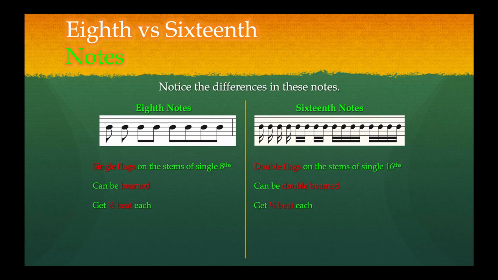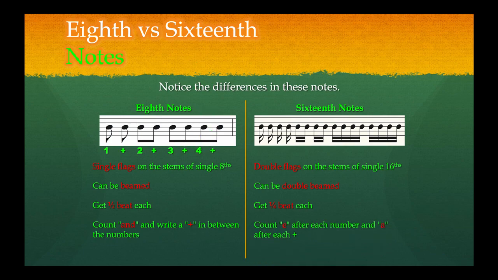8th notes get 1/2 beat each of sound. 16th notes get 1/4 of a beat each of sound. When counting 8th notes, we count and write a plus sign in between the numbers. 1 and 2 and 3 and 4 and.